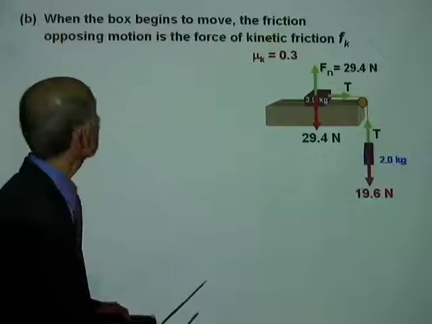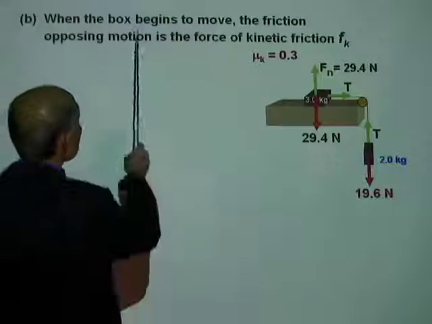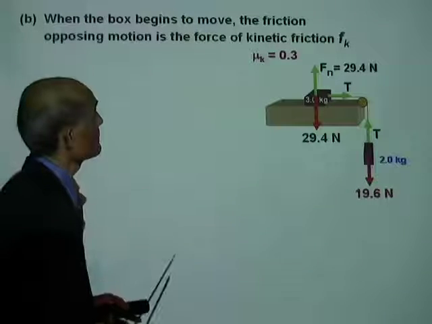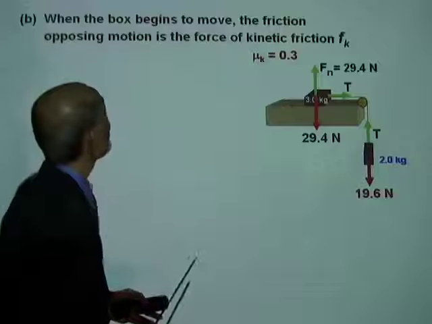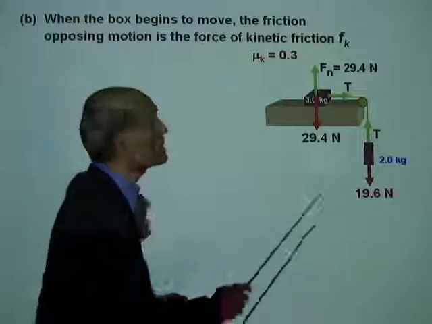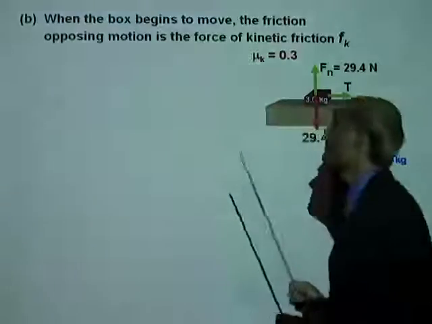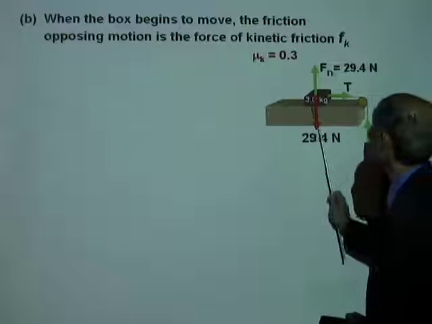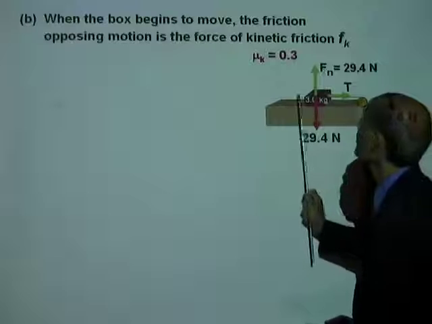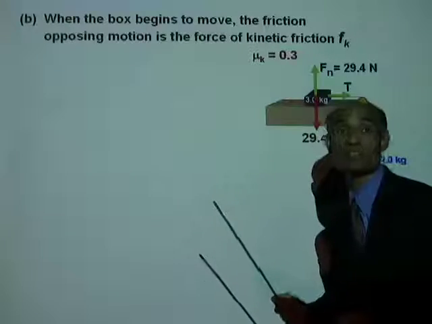Now what else do we need to find? When the box begins to move, the friction opposing motion is the force of kinetic friction, F sub k. It is no longer the static friction.